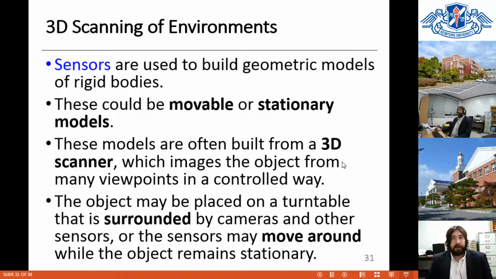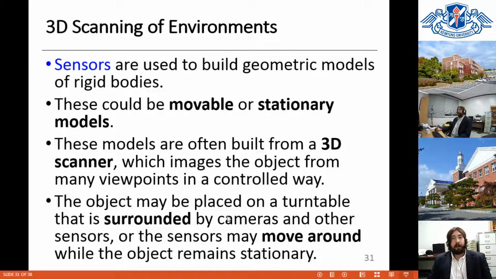So sensors are of course important, and as I said, they're used to build up geometrical models of rigid bodies. It can be any models, like models which can move, or those models which never move, which are called stationary models.